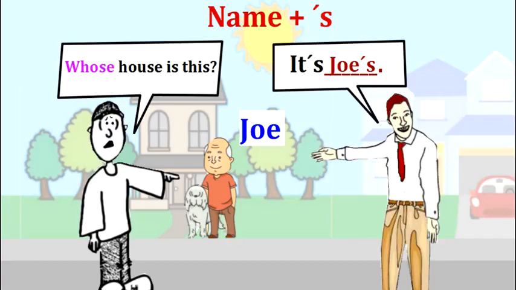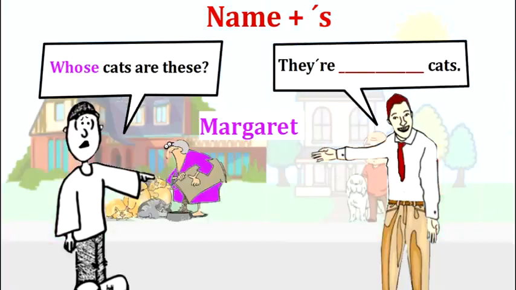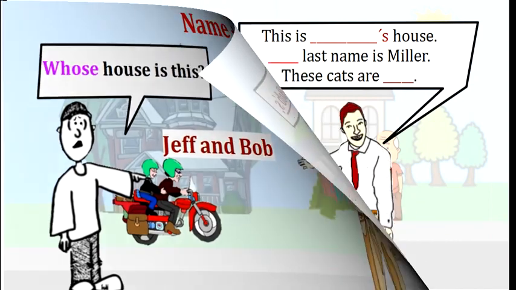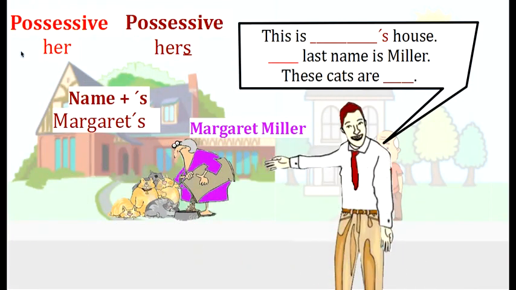It's Joe's. Whose cats are these? They're Margaret's cats. Whose house is this? It's Jeff and Bob's.